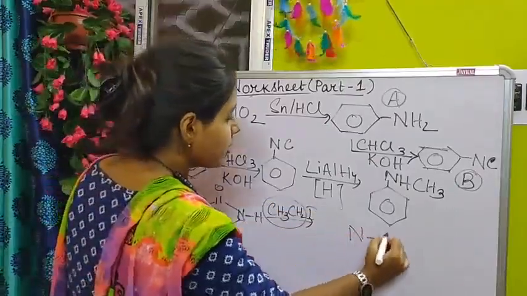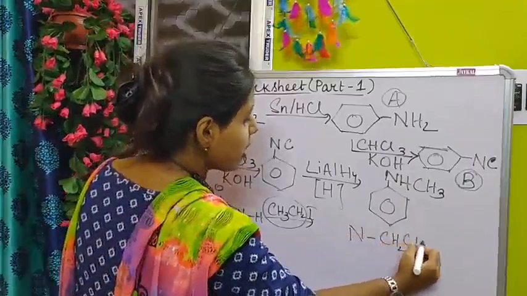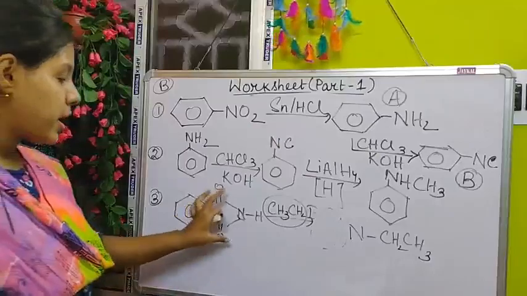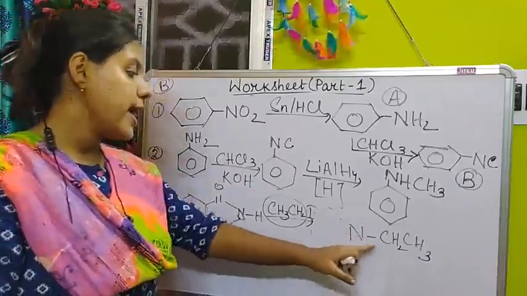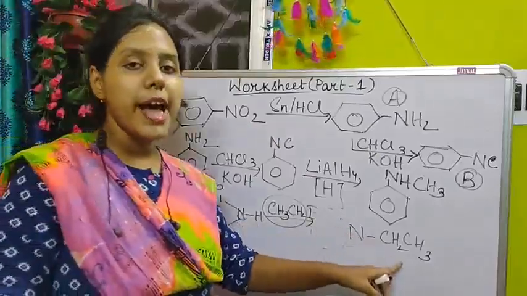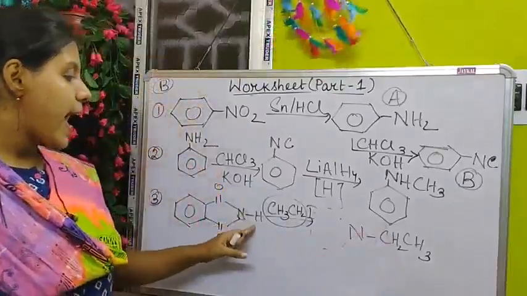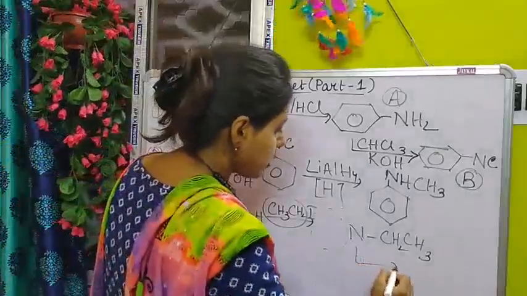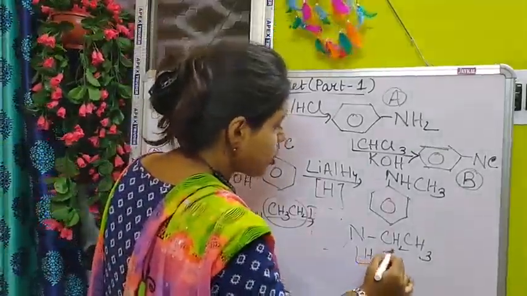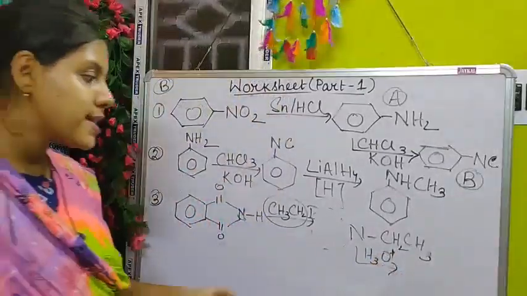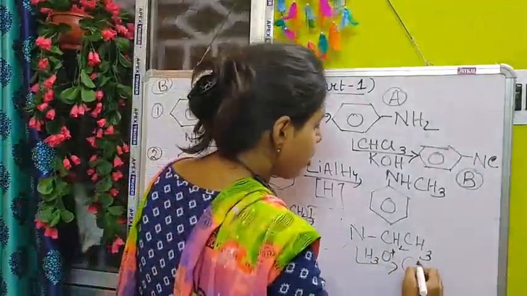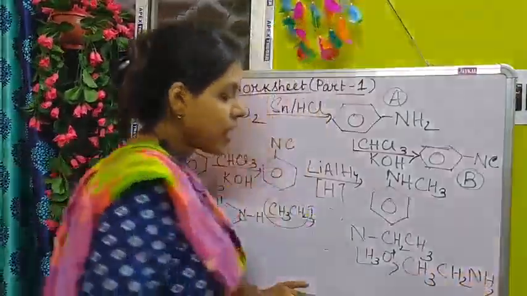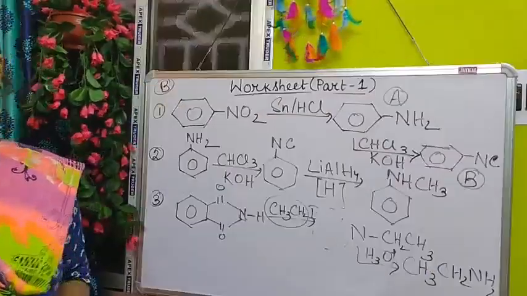So here there will be CH2CH3. The other part will be the same. Okay, you have to copy during the exam. Only in place of hydrogen there will be the addition of a CH2CH3 group, and after that, in the second part, you have to do hydrolysis. So after hydrolysis we will get the amine compound, that is ethylamine. Okay, ethylamine will be formed from here.